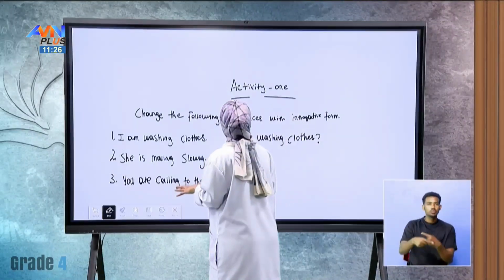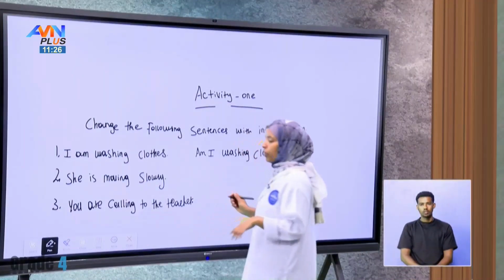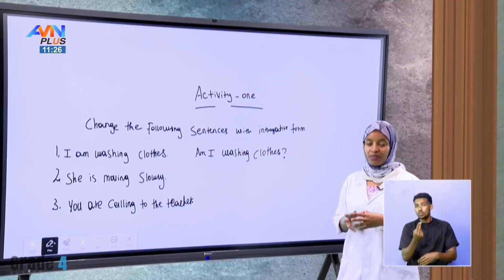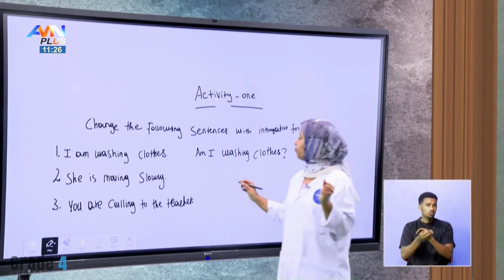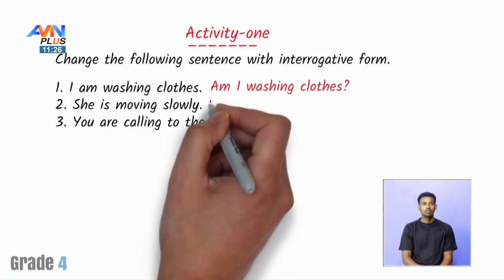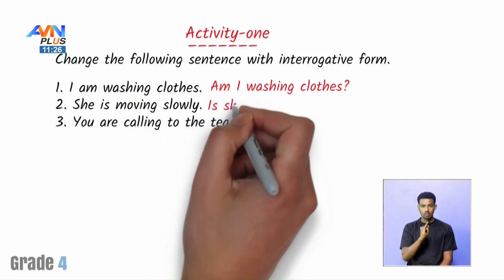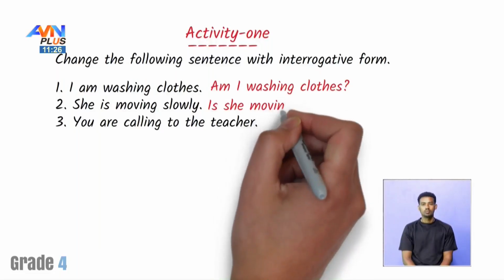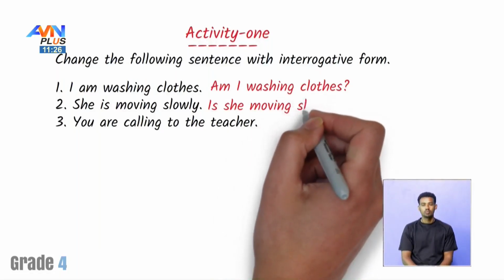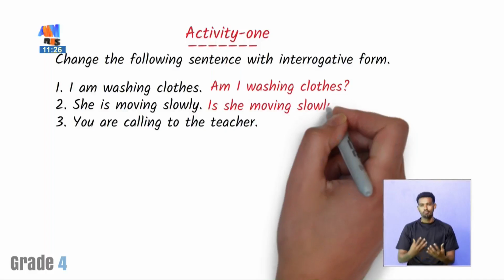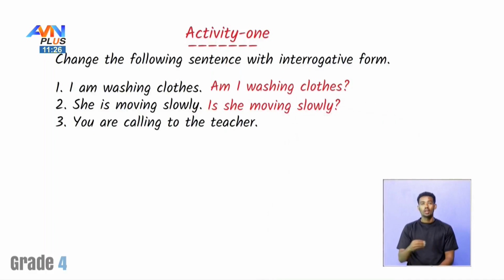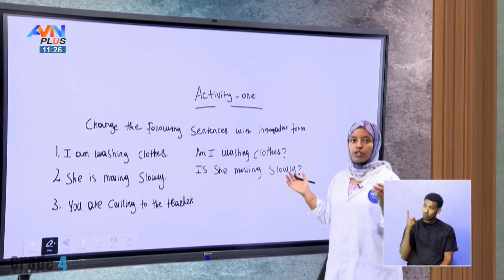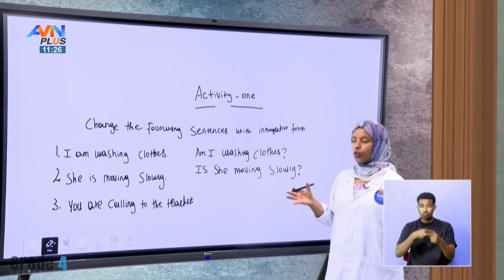So what are we going to say, easily by using verb to be, is. Bravo. Is she moving slowly? And the next, question mark. Look, students, here. Is she moving slowly?